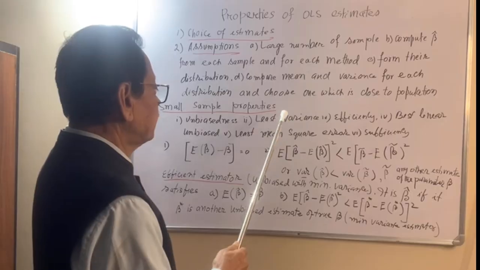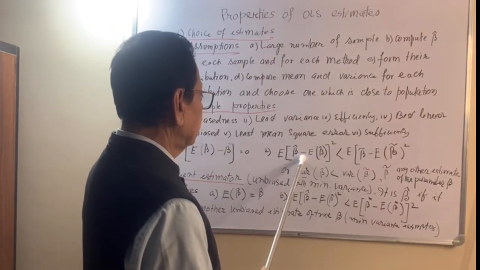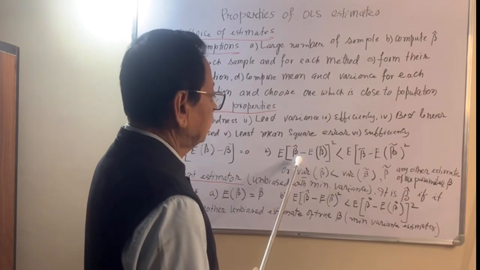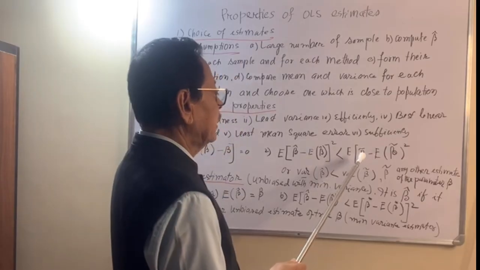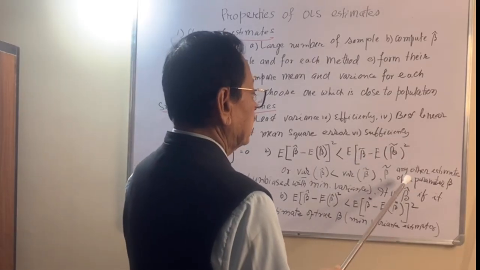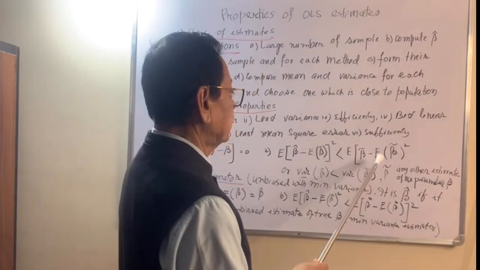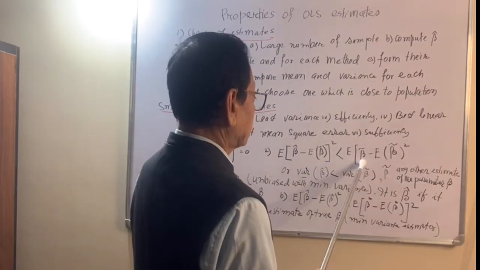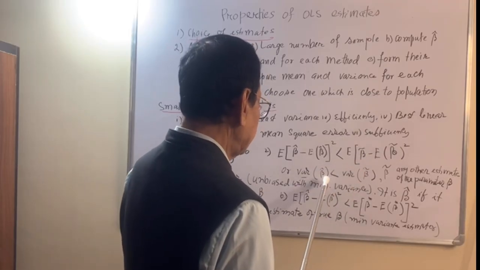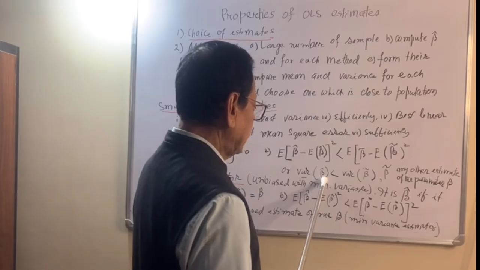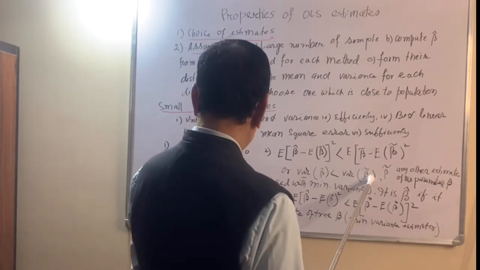Secondly, least variance. The variance of the estimated beta should be less than that of any other estimate of the parameter beta, sometimes called an arbitrary estimate. So this will be the least.